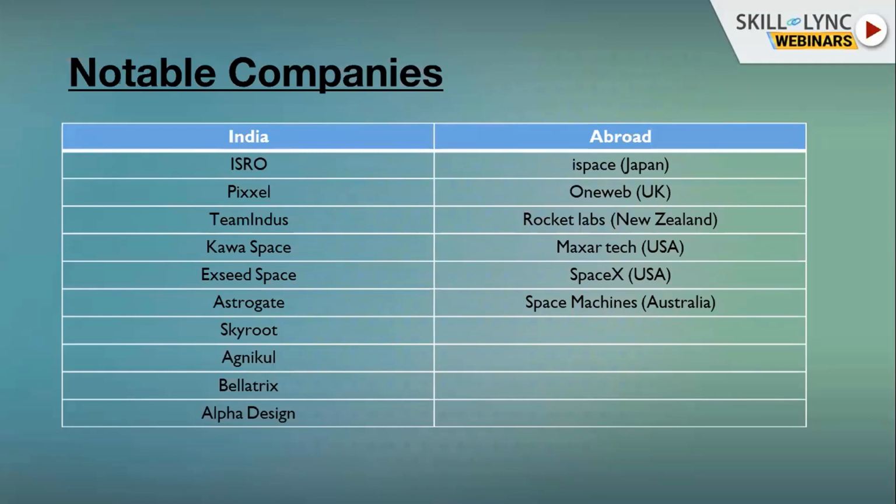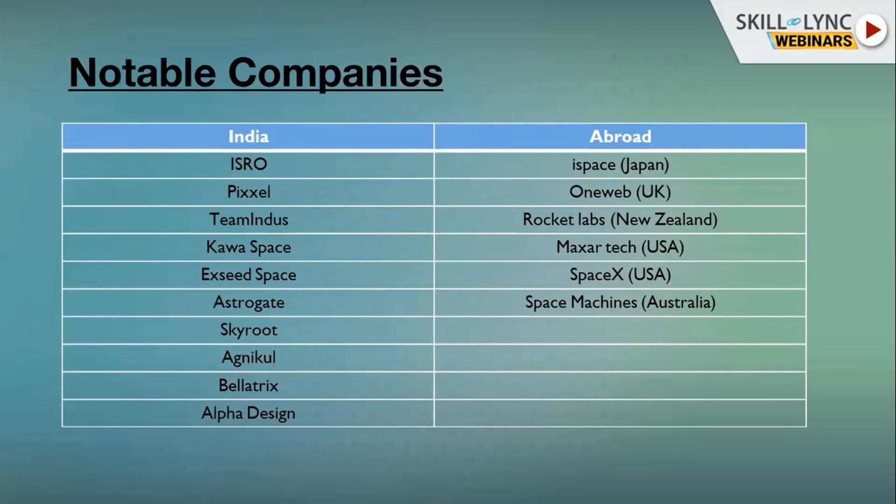Then there are companies which are making small satellites for a specific mission, like Pixel. Then there is Team Indus, which is making lunar landers and lunar rovers. Then there are other small satellite companies like Kawai Space and Exceed Space, which are based in Mumbai. There are small communication companies which are making communication devices, like Astrogate.